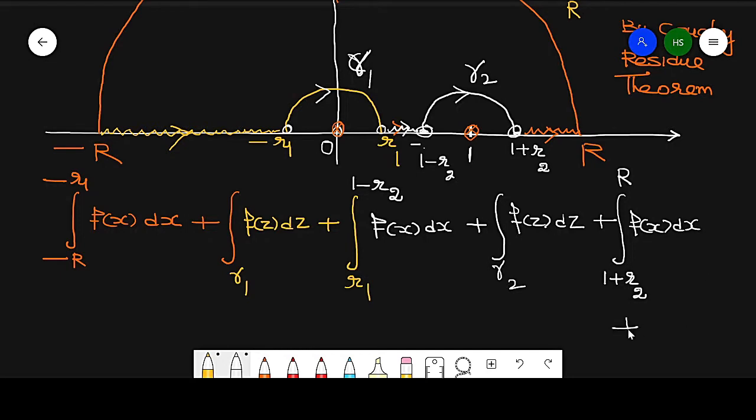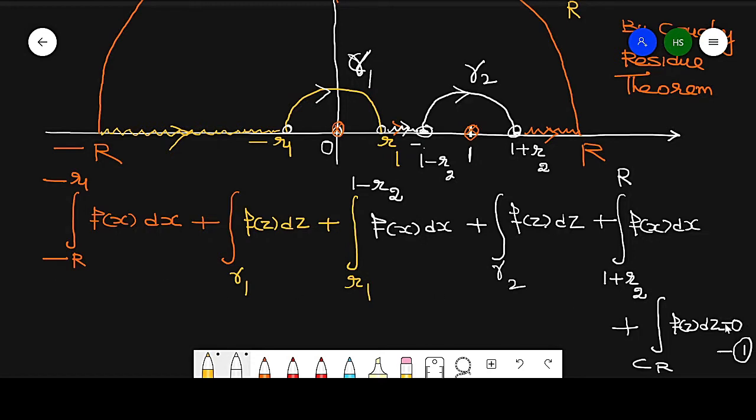The last integration is over CR of f(z) dz, and this term is equal to 0. If this term is equal to 0, then what do we get? By the residue theorem, this total sum is equal to 0.